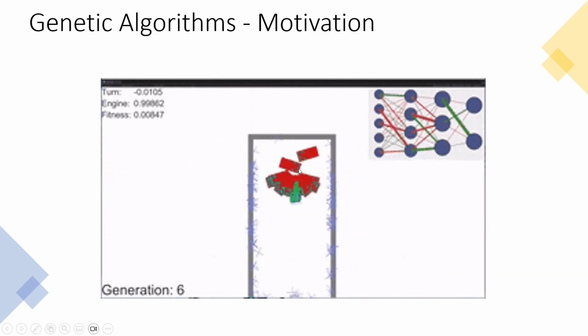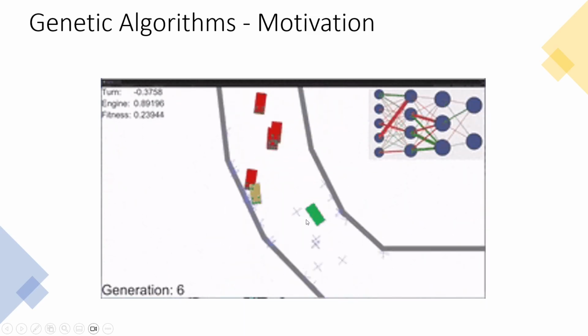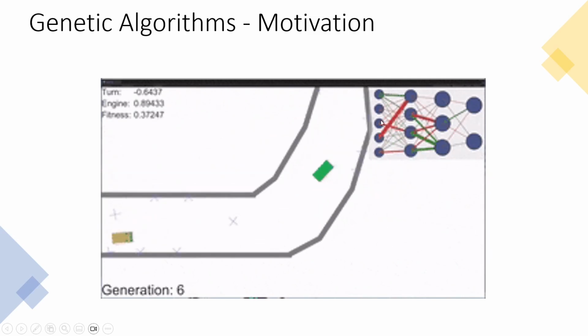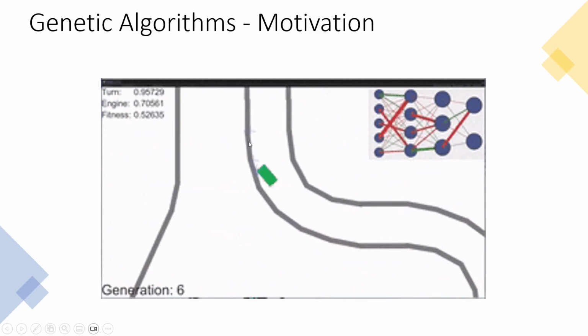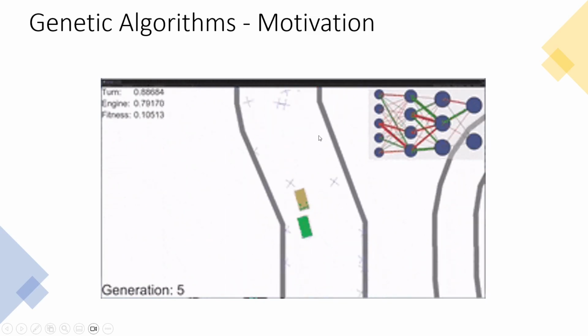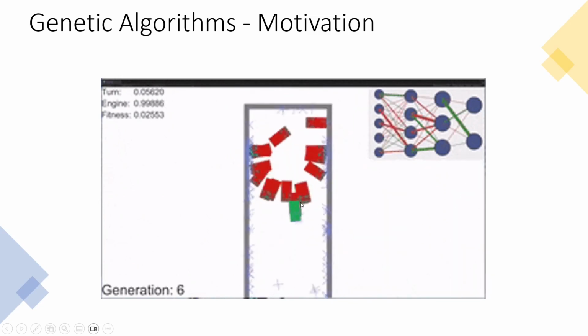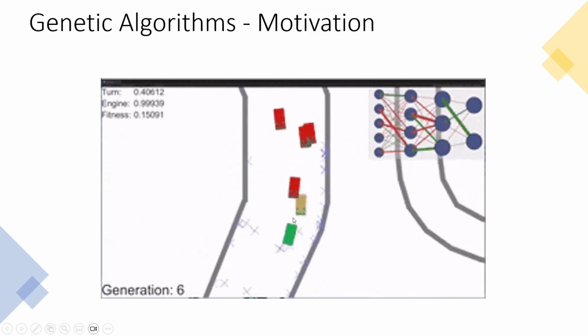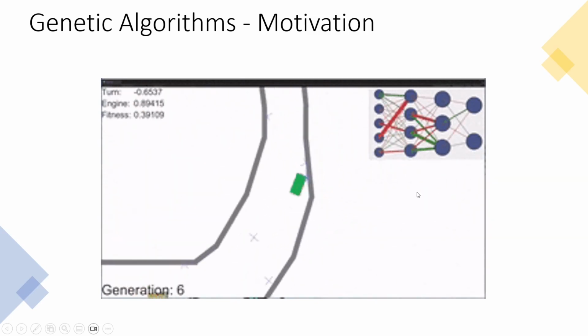As the generations pass, that's the sixth generation, for example, most of the bots can complete the track. So initial random generation, the fittest survive, they are transferred to the next generation, and they can complete the task.